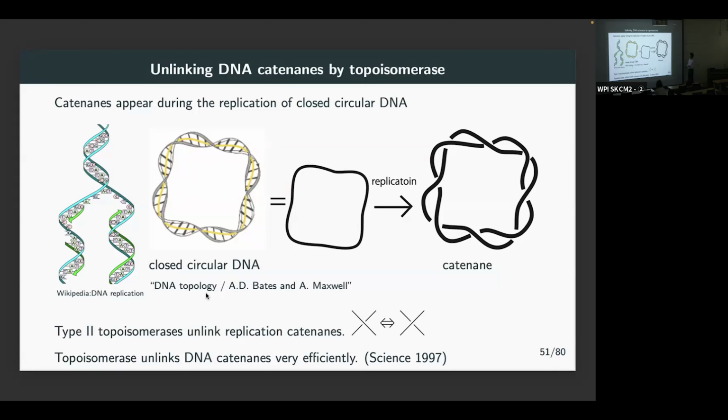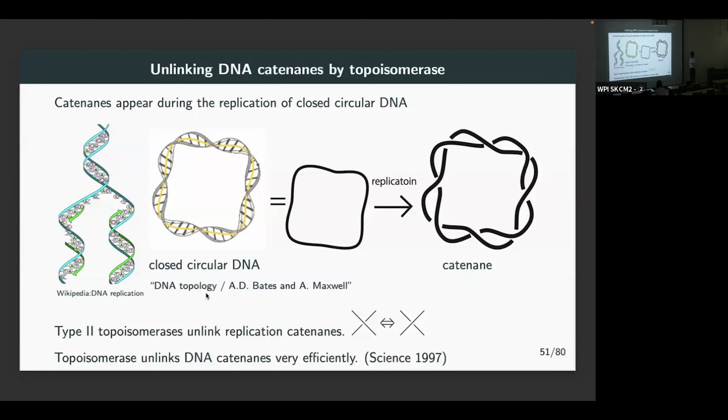The double-stranded DNA will be cut in half, and the copy will be made. And if you would like to replicate this closed-circular DNA, all you have to do is just cut the double-stranded DNA along the yellow line. Then, because of the topology of the double-stranded DNA, you can show that two new DNA will be linked as in this picture.